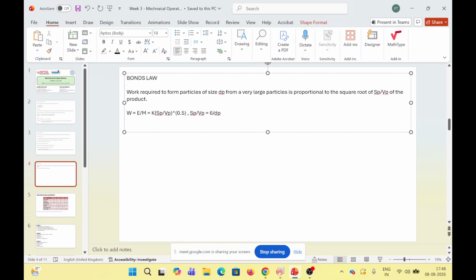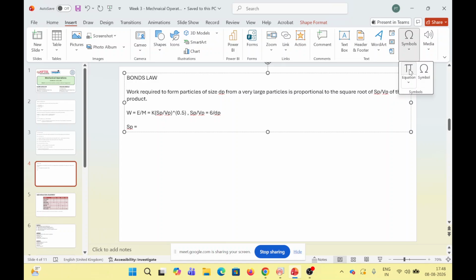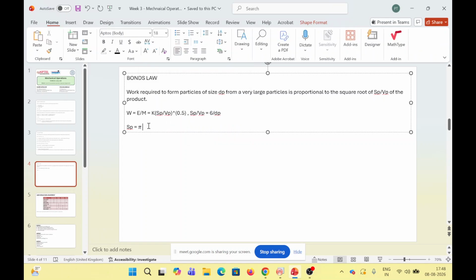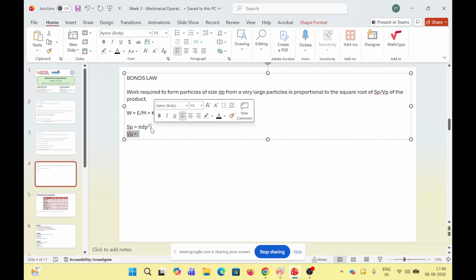So quickly showing how to calculate. Sp for a spherical particle is pi dp square, and Vp is pi dp cube by 6.